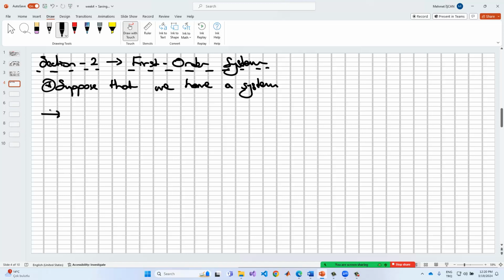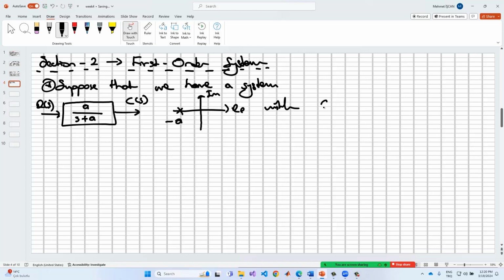Just like this one, we have R(s), the input value, and also we have a divided by s plus a, and we can generate C(s). In the s-plane, we have the real and imaginary parts. It's given in here. We have the one root, right? And so we can generate the C(s) value in here, R(s) times G(s), okay, this is called G(s).